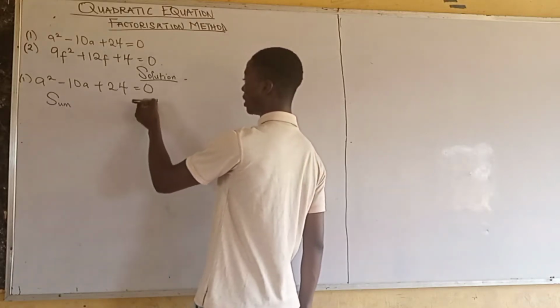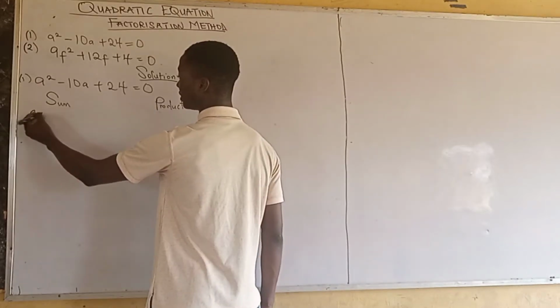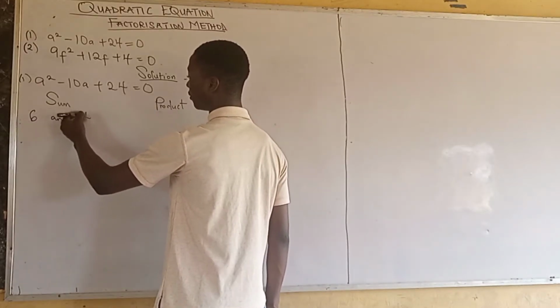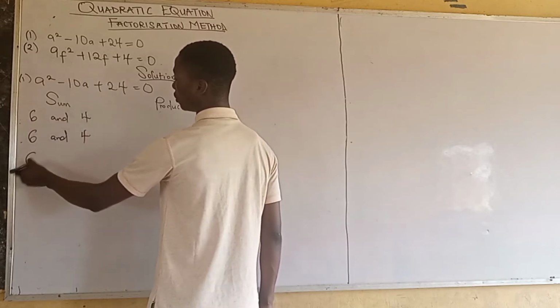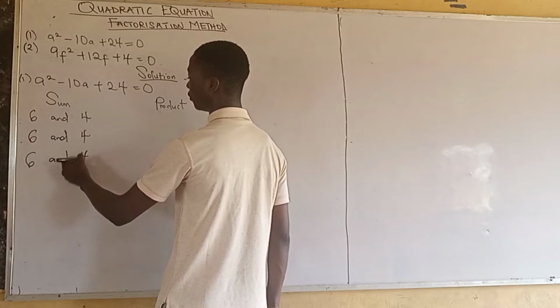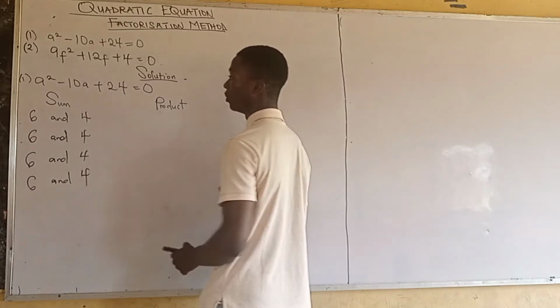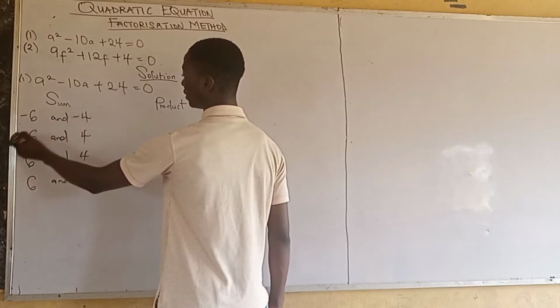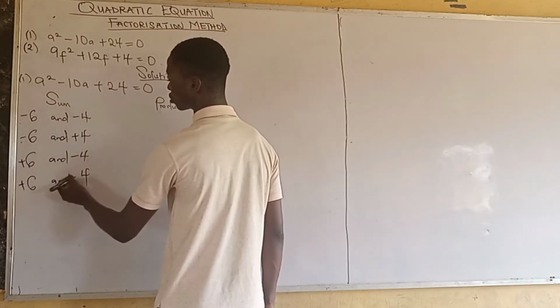Now we have the sum and we have the product. For the sum, we are using 6 and 4. Let's say we have minus minus, minus plus, plus minus, and plus plus.